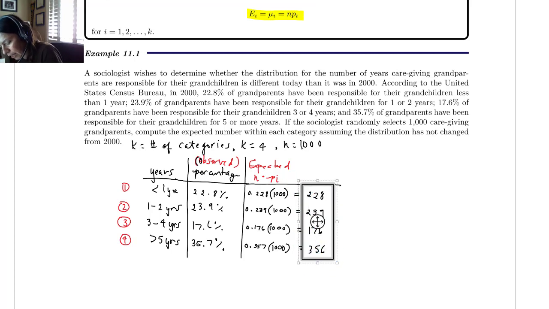So these are the values that are going to be the most important. So we need the categories 1 through 4, and we need the observed percentages, the probability. Let me write that. The observed percentages from the census, and then multiply that by the sample size to get your expected counts. So right here are the expected counts.